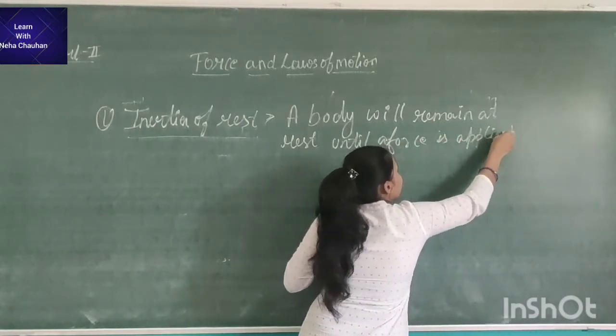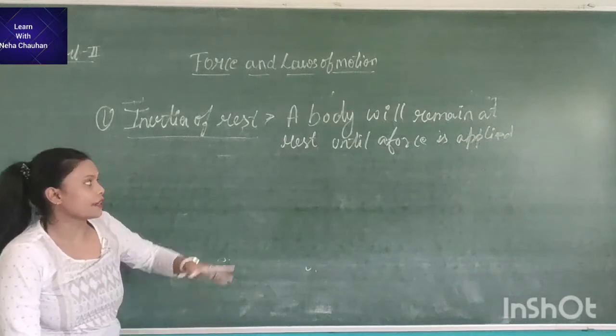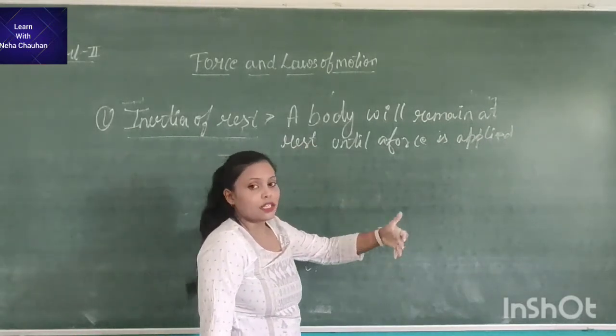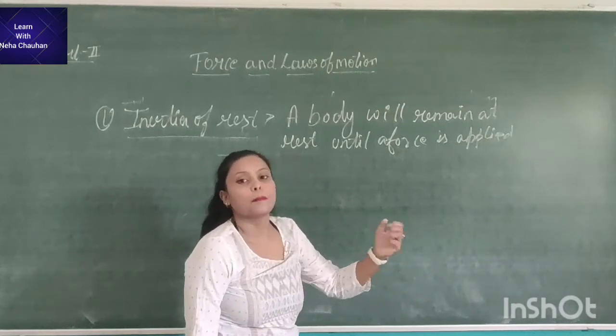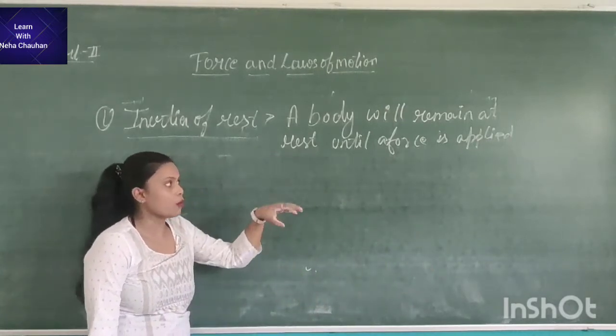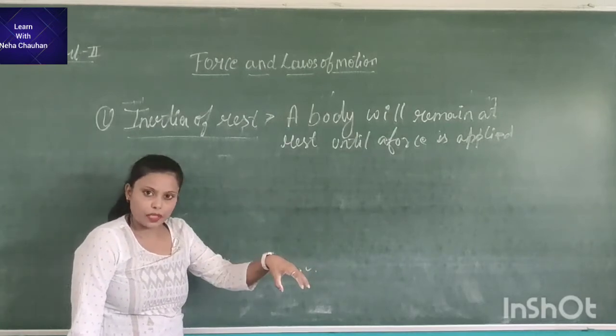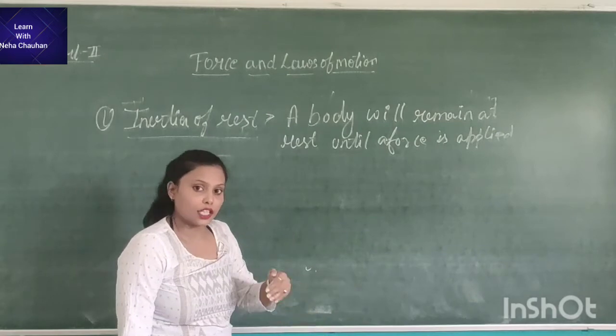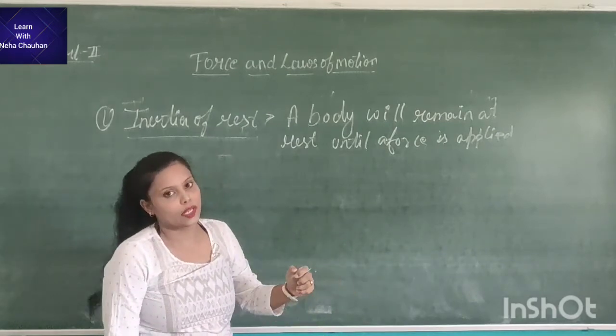That means if a body is at rest, it will remain at rest until we push it or pull it. We have studied an example that a ball lying on the table will lie in the same state until we push it or pull it, right?